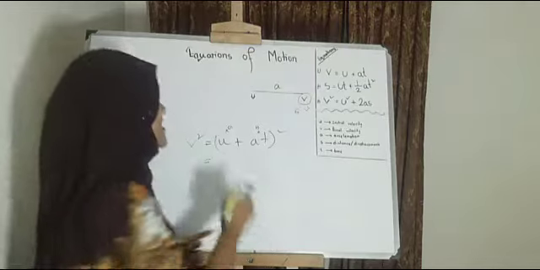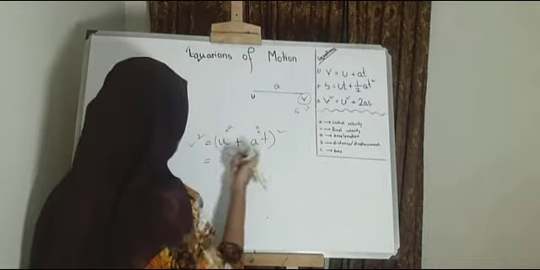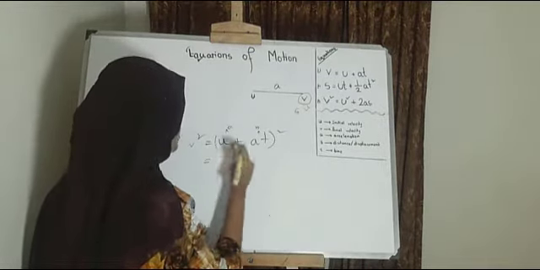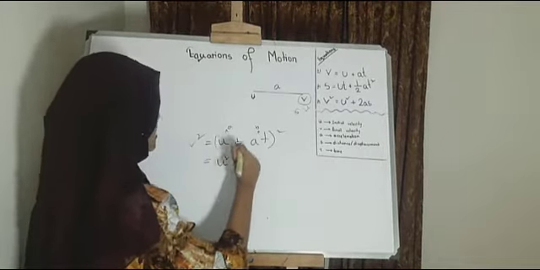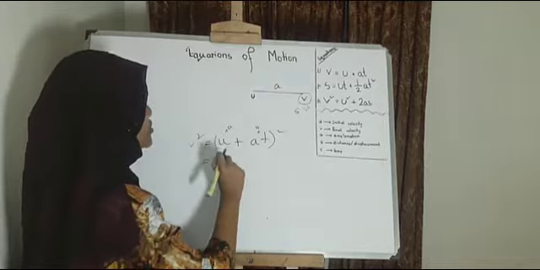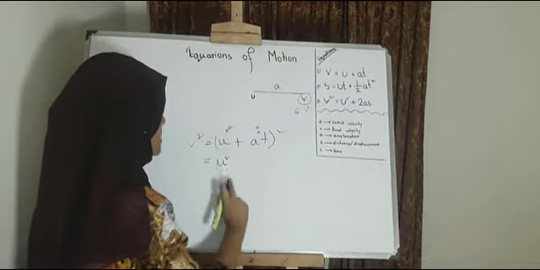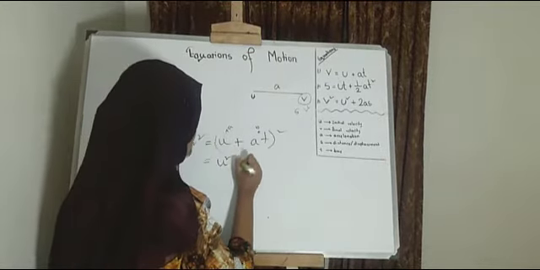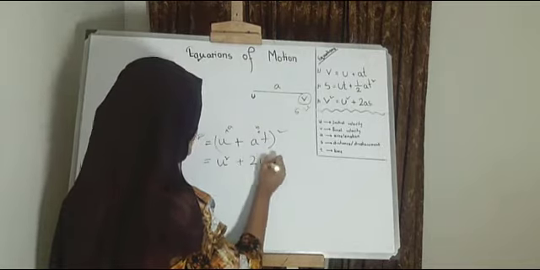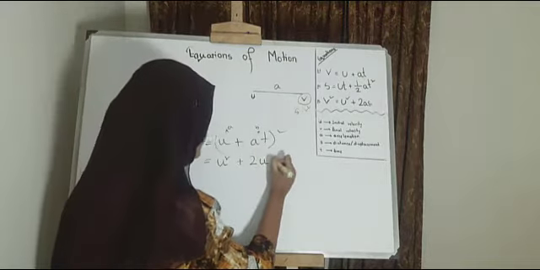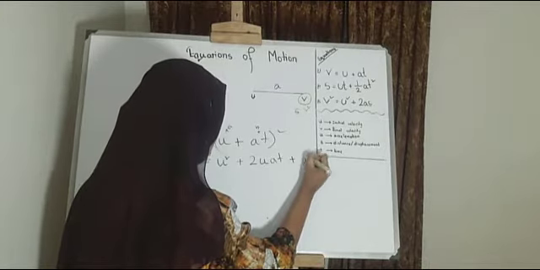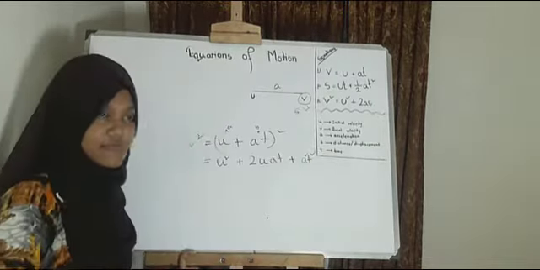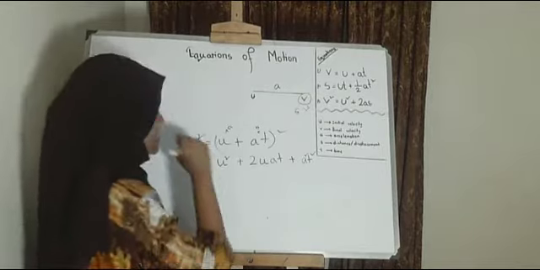We know that. So (u plus at) whole square equals u square plus 2u·at plus a square t square. Right? Okay, great.